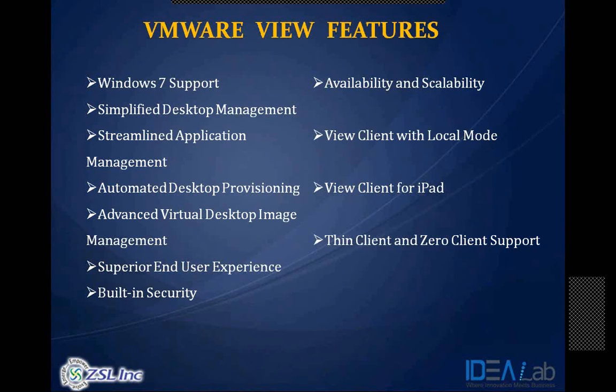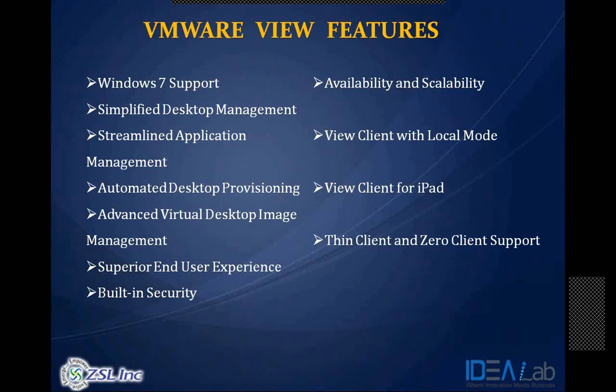And I'm going to move on to the VMware server hypervisor that they now adopted for desktop. Again, it's a simplified desktop management. They were the first to support Windows 7.